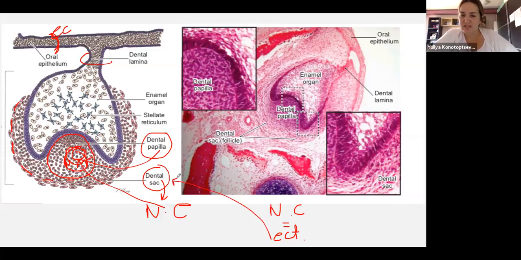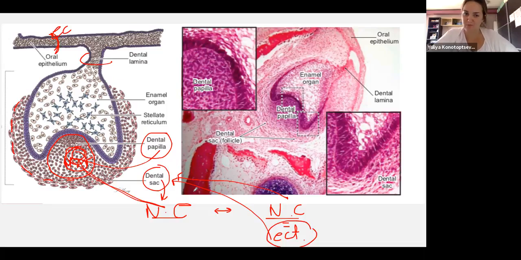What you need to understand is that even though they are the same, you're going to see today that they are not really the same. Because the cell that arises from this neural crest cell is completely different from a cell that arises from this neural crest cell that is sitting in the dental sac. So these cells are related, but they aren't really the same. That's where the ectomesenchymal thing comes in.